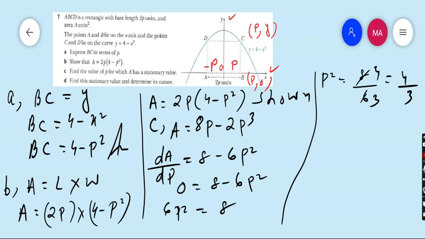I am checking it again. Kindly wait. A is equal to 2p into 4 is 8p, and 2p into p square is 2p cube. 8 minus 2 3s is 6p square. 6p square is equal to 8.